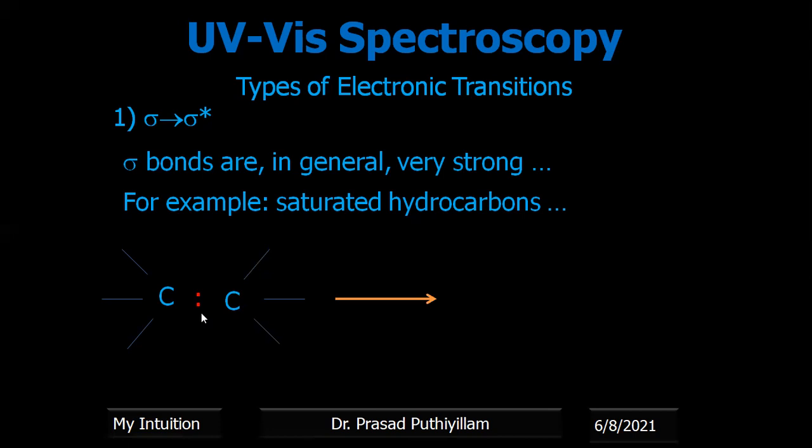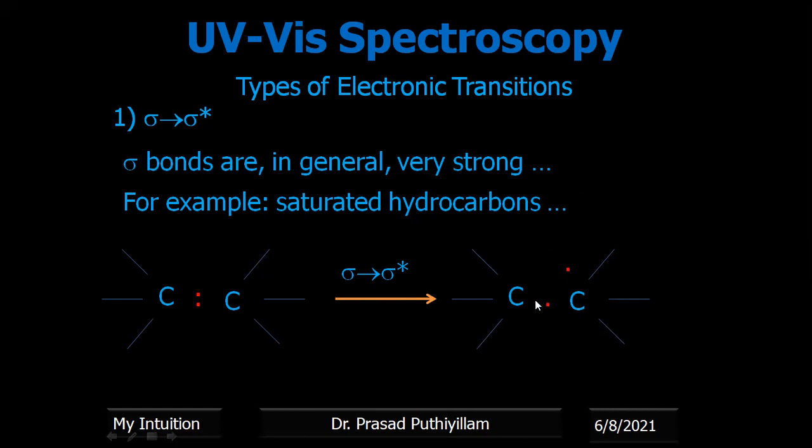So when it becomes a sigma to sigma star transition, we can represent it in this way: one of the electrons goes to the anti-bonding side of the carbon. That means the electron has not jumped away to a higher energy level as such. It is still there within those two carbons, but they are not a bonded pair of electrons now. It becomes anti-bonding.